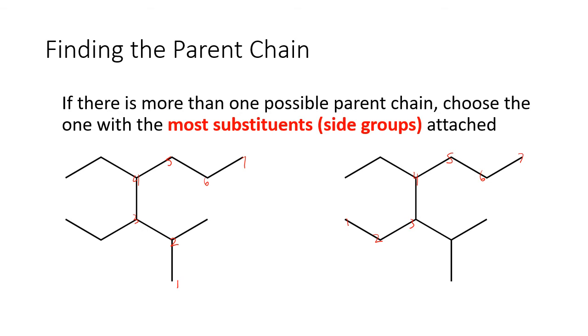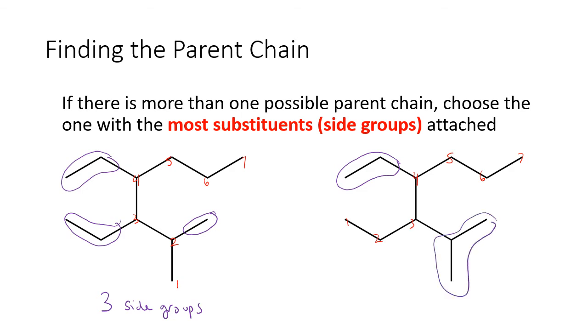So both ways we identified 7 carbons in the longest chain. The molecule on the left, though, has 1 methyl group, so one side chain, 1 ethyl group, and another ethyl group. We'll learn the names of the groups in a moment, but there's 3 side groups, which are called substituents, versus the one on the right. There's an ethyl group coming off right here, and then this is called an isopropyl group.